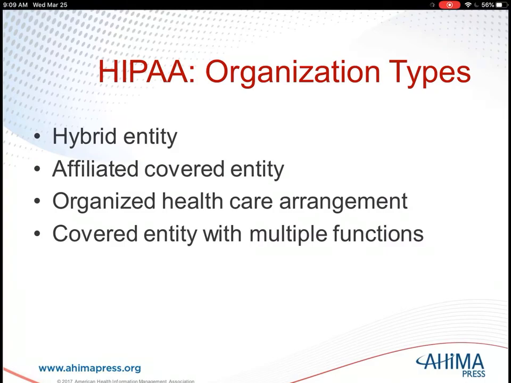So what would a hybrid entity possibly be? Well, think about UMMC and think about UAB. Those are some that are close to home. Those universities that are teaching and also are a hospital.